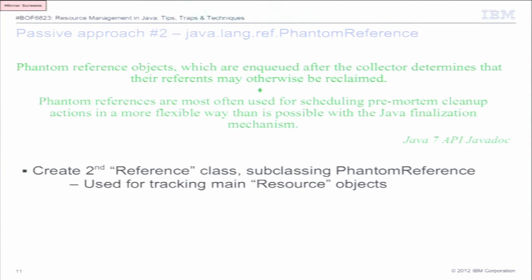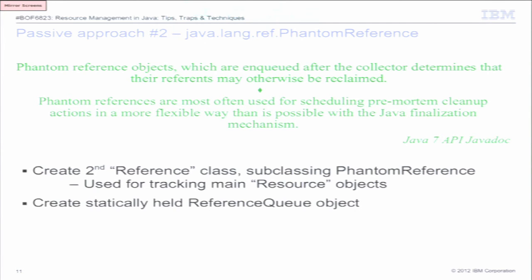So how do you use them? Well, as well as the resource class that we saw before, we're going to define a second class, a reference class, which subclasses PhantomReference, and we're going to use objects of that class type to track the main resource objects.